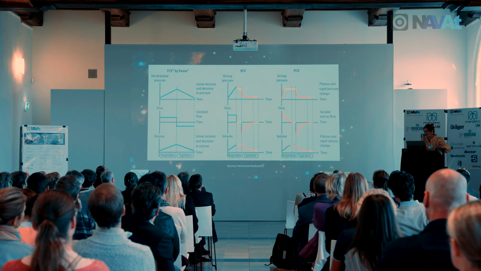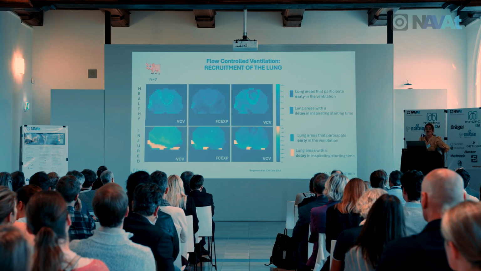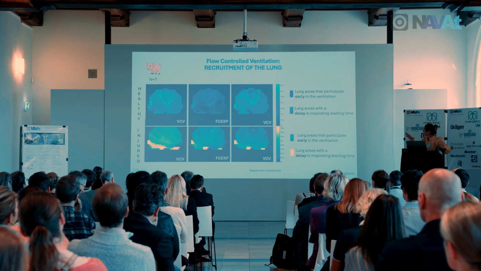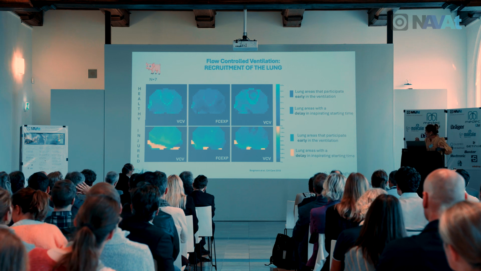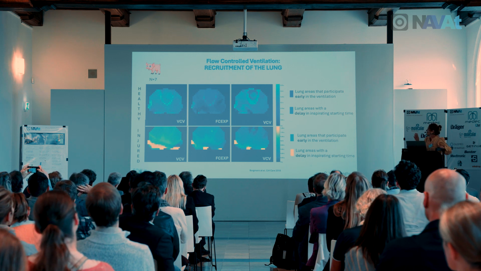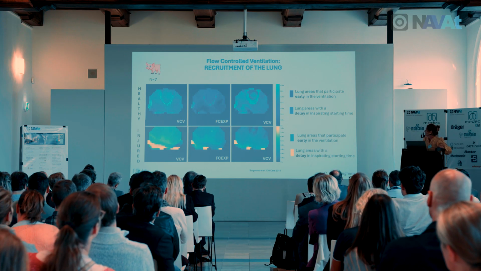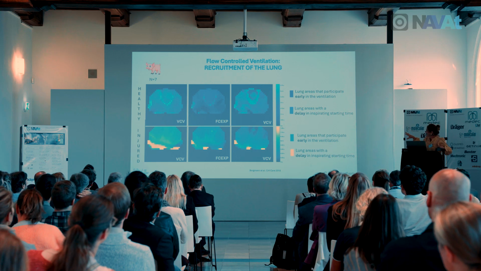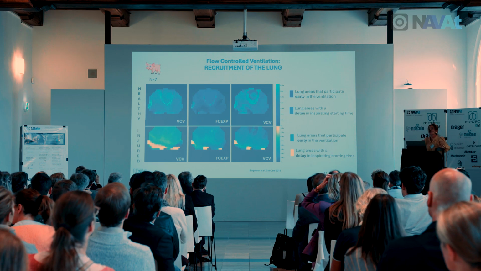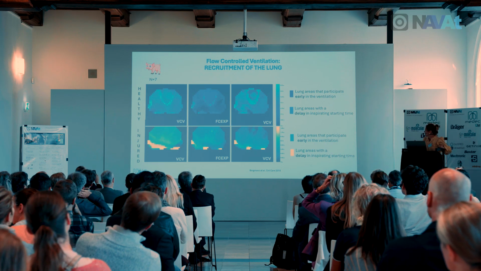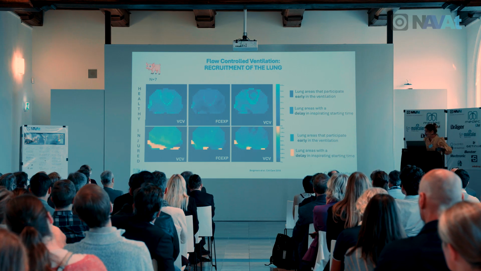Now, what are the effects of flow-controlled ventilation? Most of the results are from studies conducted in animals. On this slide, you can see the regional ventilation pattern of porcine lungs, and the dark colors represent regions of the lung that participate early in the ventilation. You see that when flow-controlled ventilation was applied, it is much darker, meaning there is a kind of recruiting effect due to this kind of ventilation, resulting in better oxygenation.